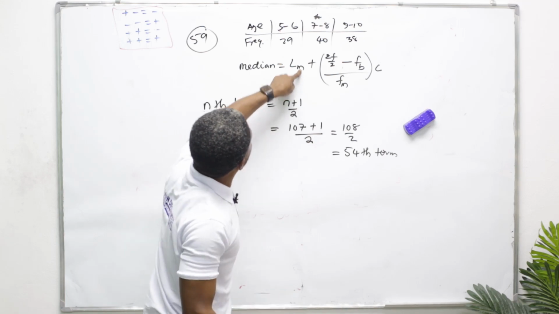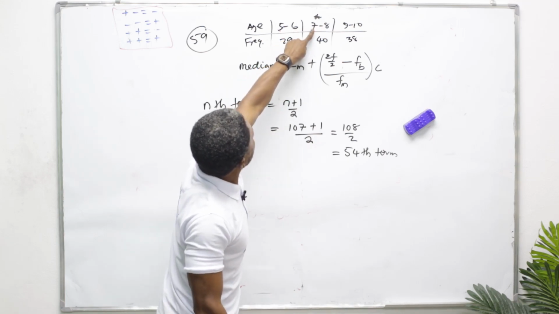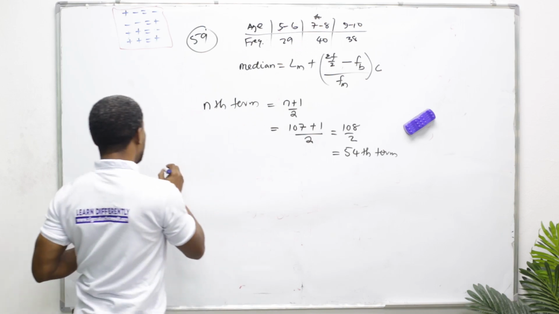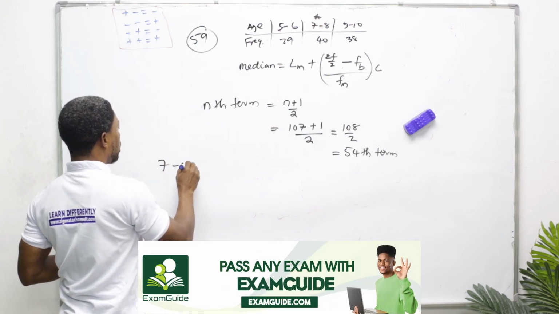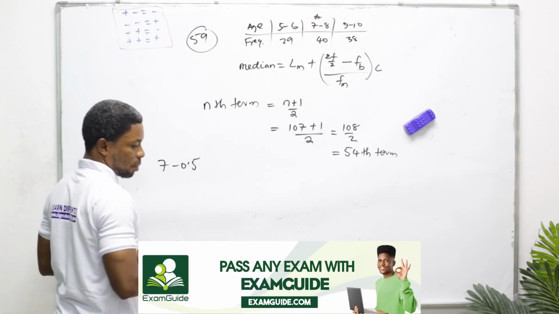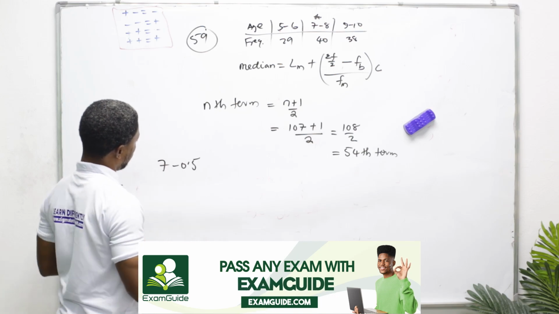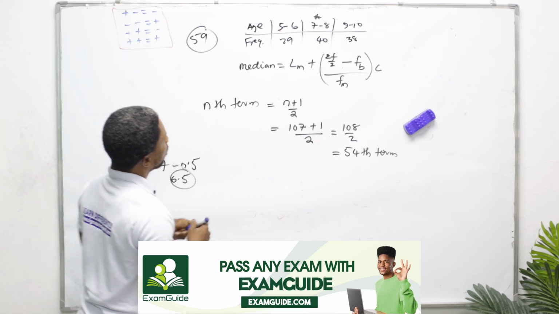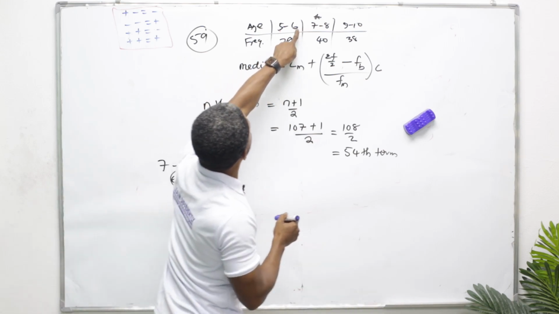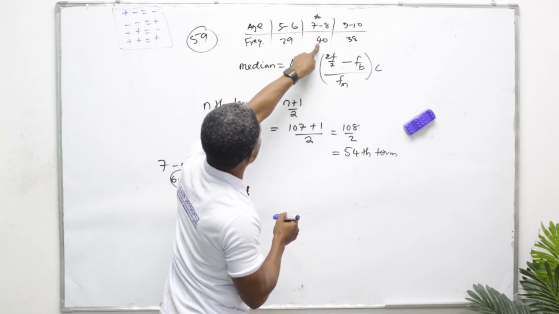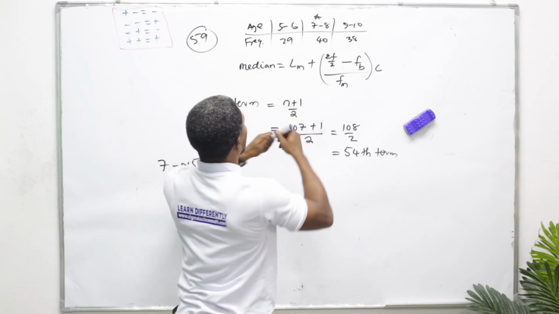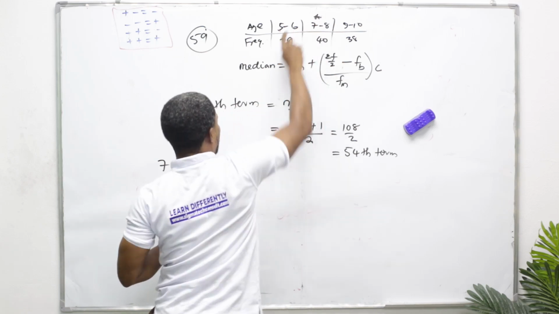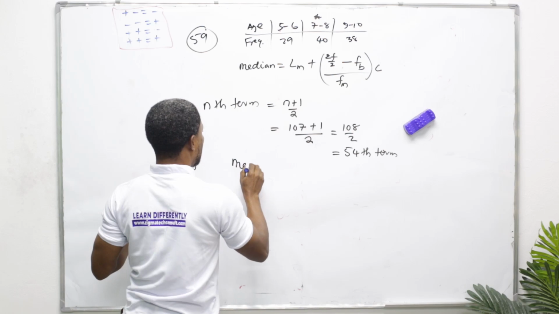My lower limit is going to be 6.5, that is 7 minus 0.5. So my lower limit here is 6.5 for the median, what we are working with.